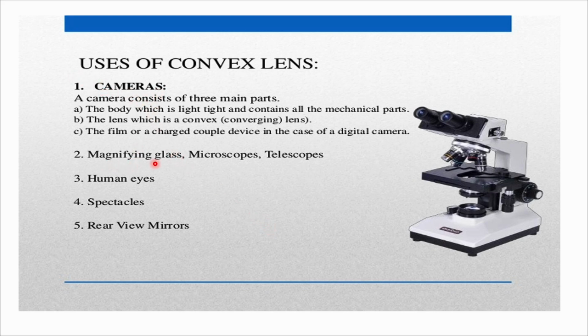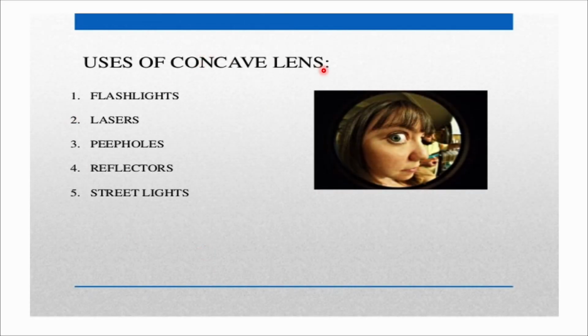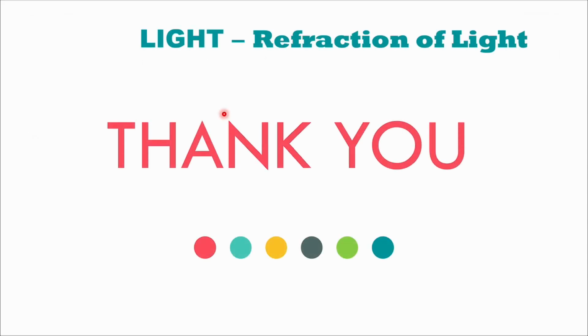It is used in cameras, magnifying glasses, microscopes, telescopes, human eyes, spectacles, and rear view mirrors. These are some of the applications of the convex lens. What are the applications of the concave lens? It is used in flashlights, lasers, peepholes, reflectors, and street lights. These are some of the applications of the concave lens.